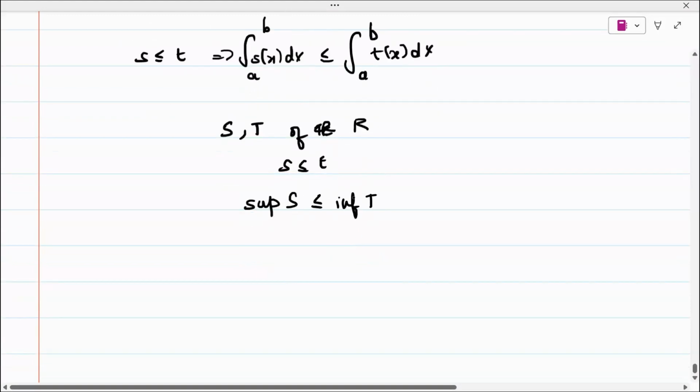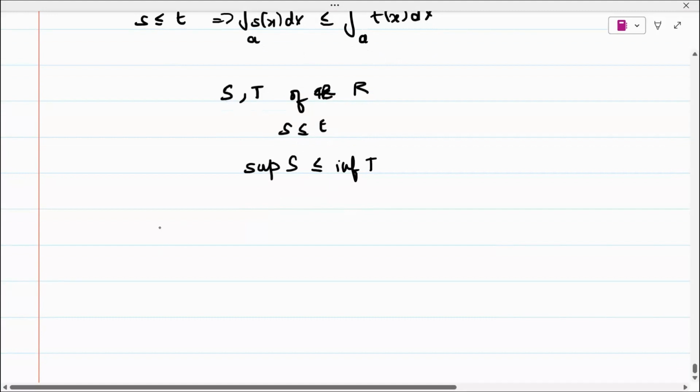I mean the highest low value, and this is the lowest high value.